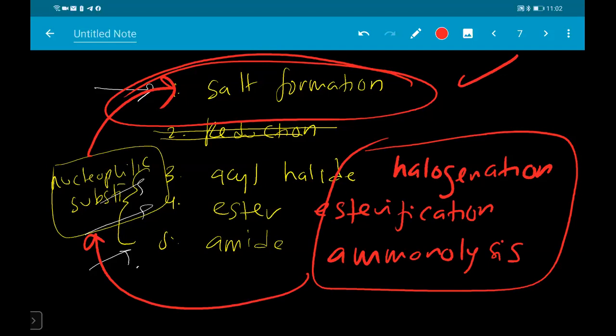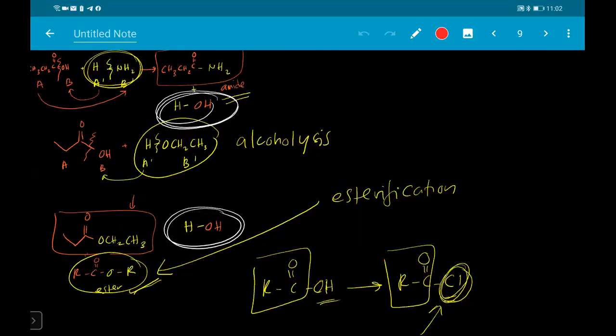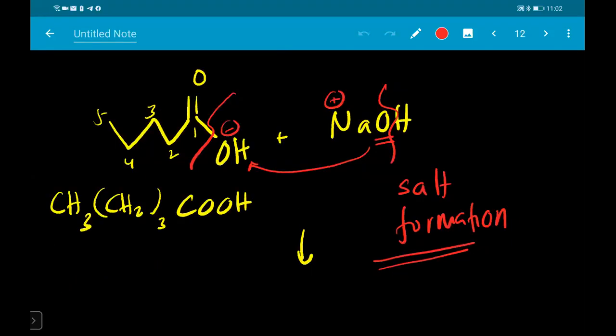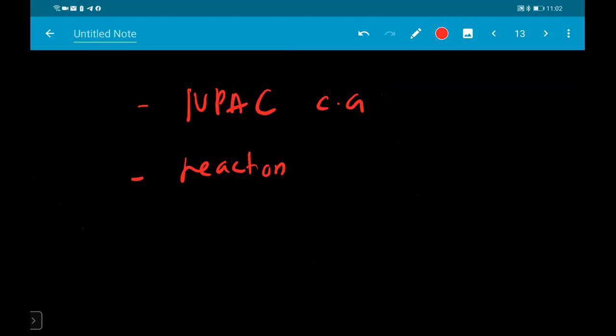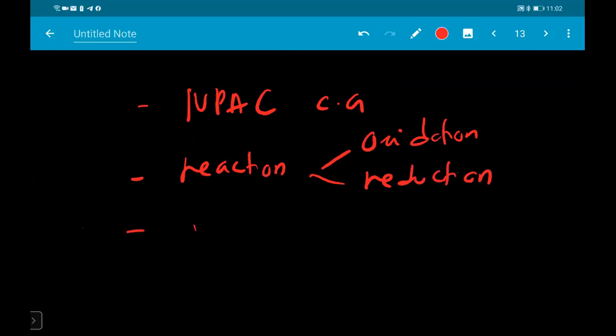Right? So that's it for our meeting today. So to summarize what we discussed today, okay, we took a look a little bit at the IUPAC name of the carboxylic acid. Some of the reactions including oxidation, reduction, and a little bit on the acidity.